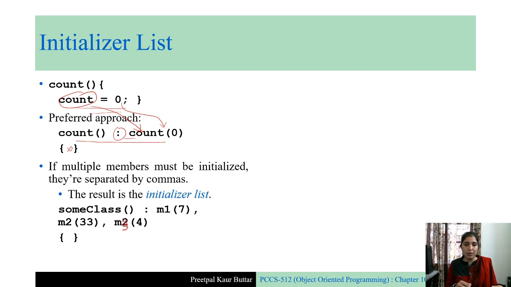This is called the initializer list. This is the same as saying some class, then parenthesis, then M1 equal to 7, M2 equal to 33, and M3 equal to 4. Both of them are the same.